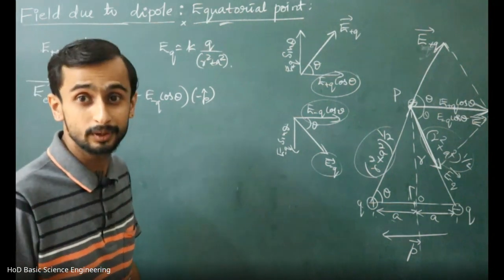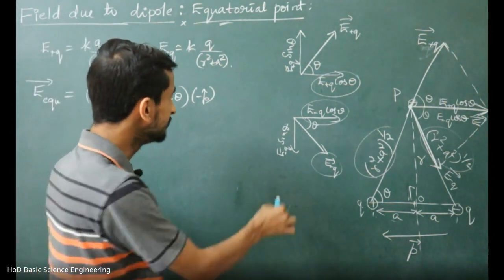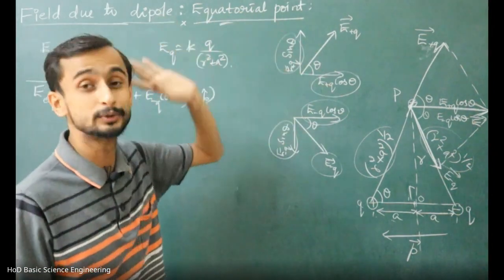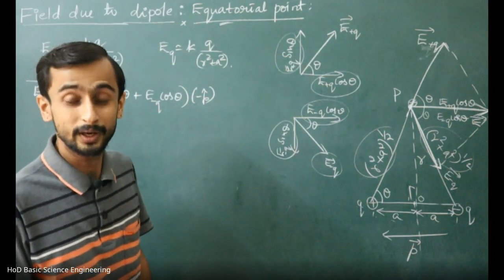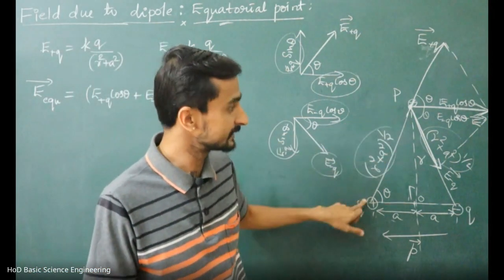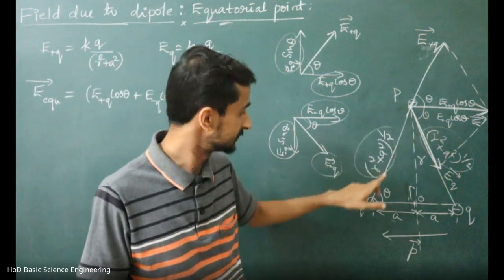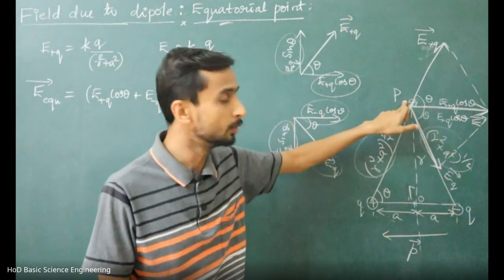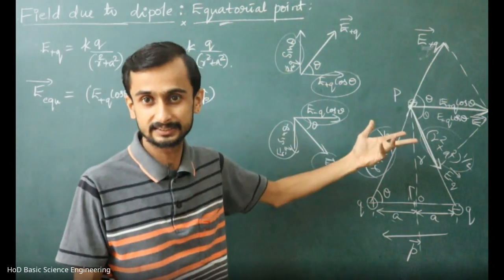Now you may have one doubt. Sir, what about E plus Q sin theta and E minus Q sin theta? Just look at this. The distances from plus Q to point P and from minus Q to point P are the same.